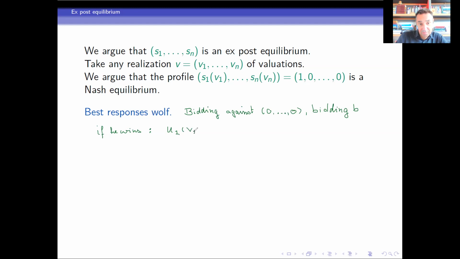We've got his valuation, V1. And what's his utility if he wins? Well, his true valuation minus the payment. So the payment was, if you recall, the maximum over all Bj, where j is not 1. In this case, that is a maximum over lots of zeros. So the payment is 0. He gets the item for free.